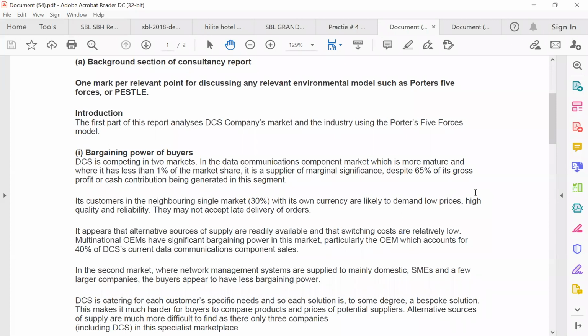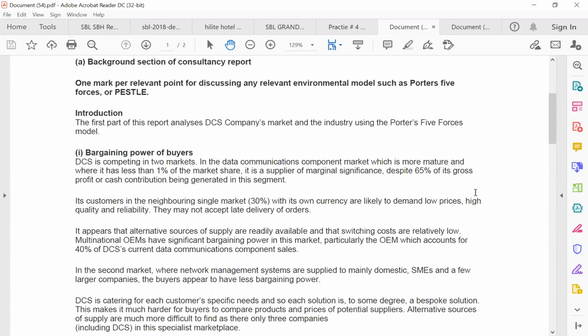In the data communication component market, which is more mature and where it has less than 1% of the market share, it is a supplier of marginal significance despite 65% of the gross profit or cash contribution being generated in this segment.